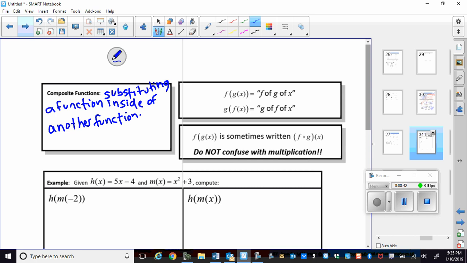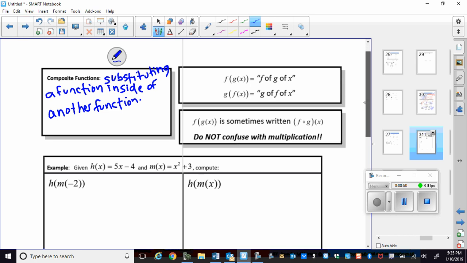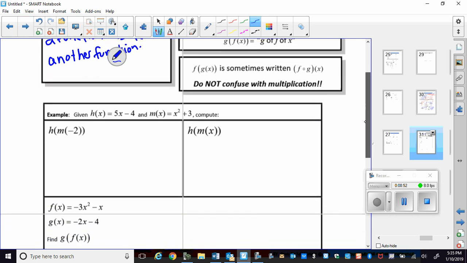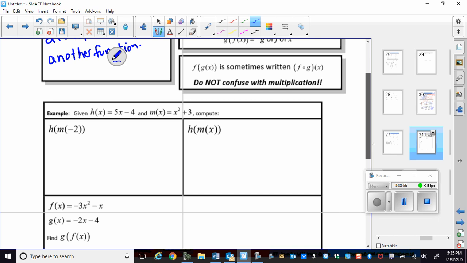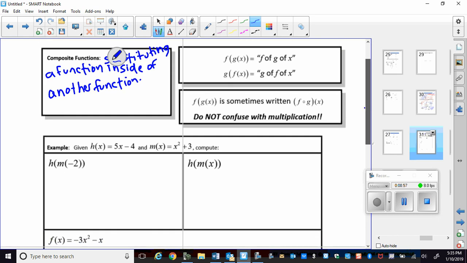Okay? And what occurs here is we get something else. So we're going to compose a function. We're not going to worry about what it says above. All right?